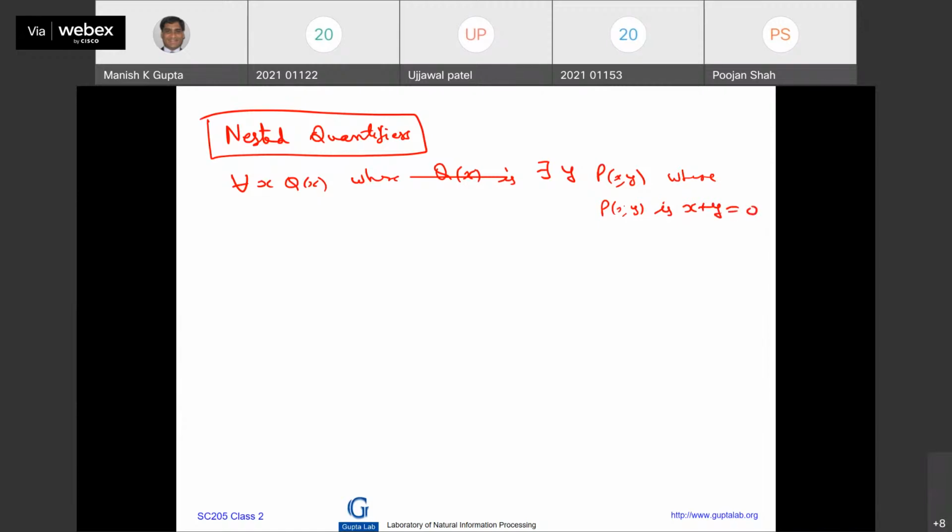So this is an example of a nested quantifier. Our domain is the real numbers. Then we can say that for every x there exists y such that x plus y is equal to 0. So for every real number x, there exists y such that x plus y is equal to 0. This is a possibility.